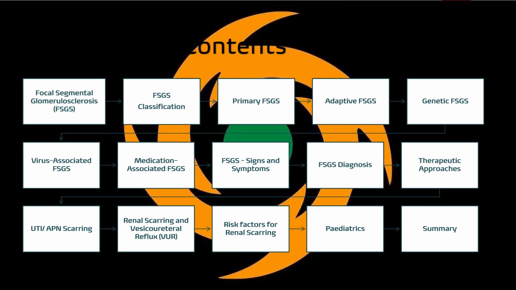Some aspects around urinary tract infections aligned to FSGS, and something referred to as acute pyelonephritis in context of scarring, and also scarring with VUR or vesico-ureteral reflux, and a basis around risk factors for renal scarring in context of FSGS, more specifically.